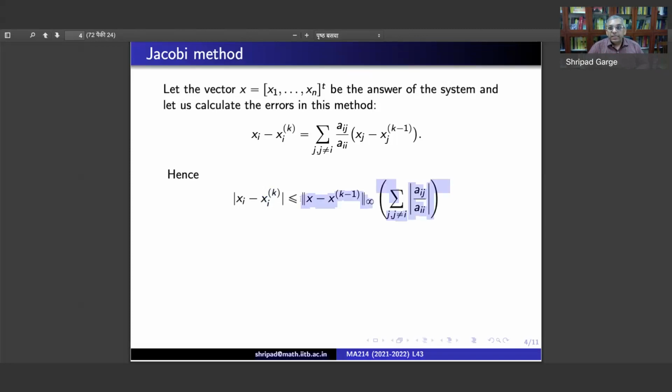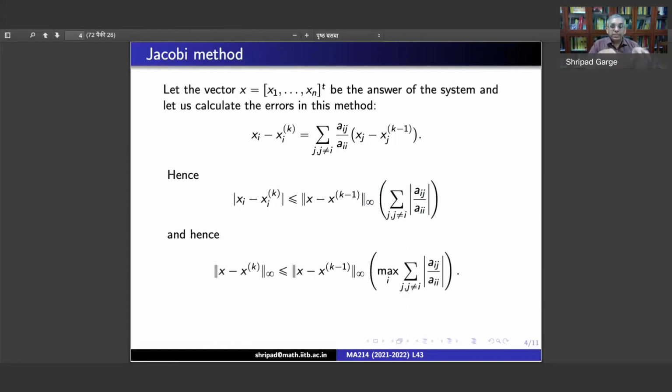Now this right hand side is independent of i. Therefore this inequality is valid for all i going from 1 to n. So you might take the maximum on the left hand side, which will give us the L infinity norm of x minus x^k, and we will still have the inequality being valid.